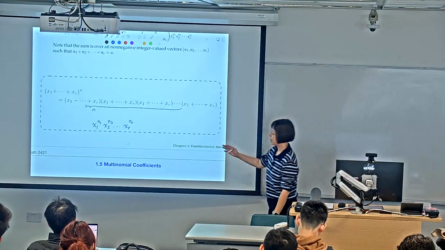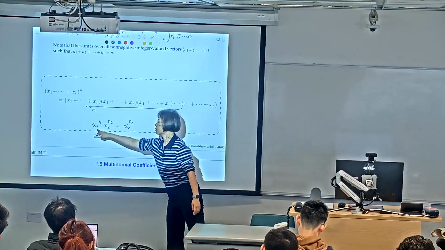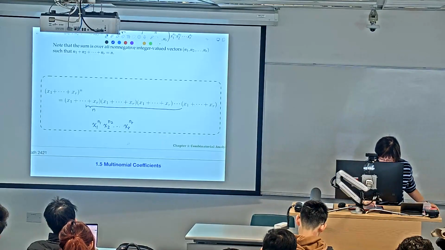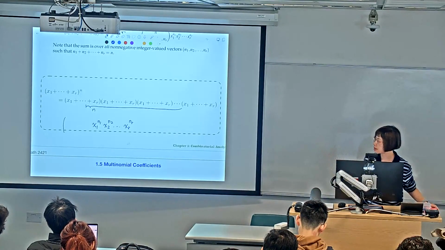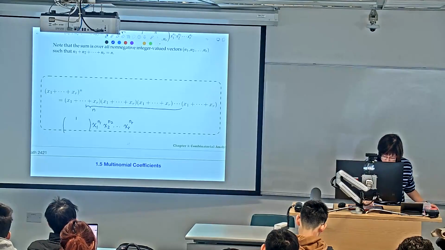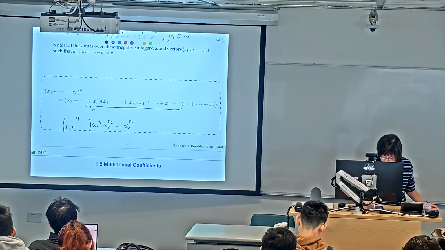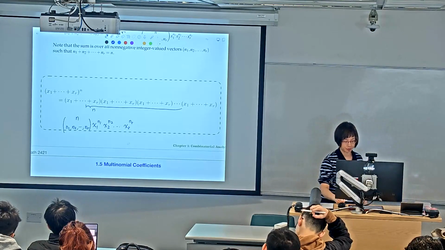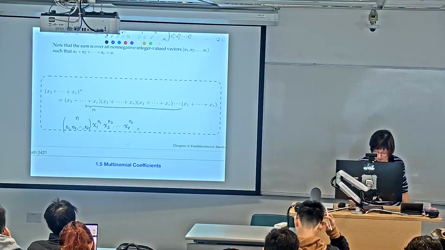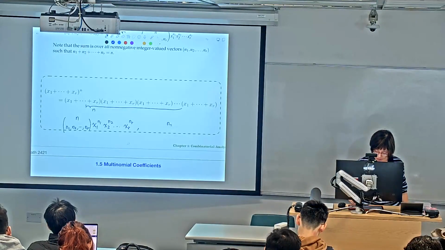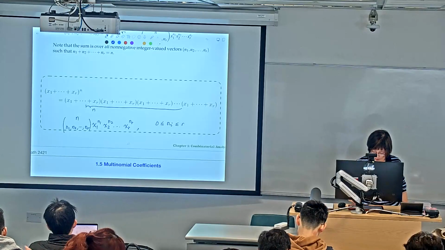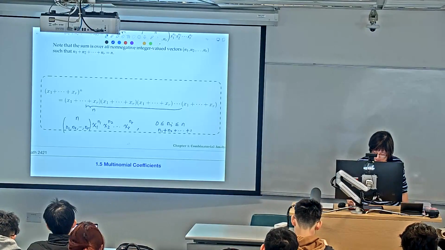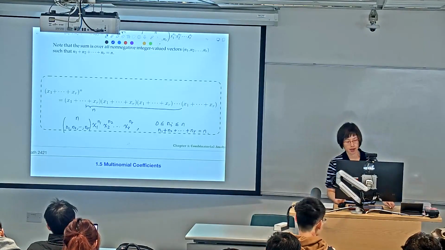For the first group, n1 of these brackets contribute x1 in the product. And similarly, so you can see the number of ways of getting such a summand is n choose n1, n2, ..., nr, this multinomial coefficient. And also your sum must be equal to this n.